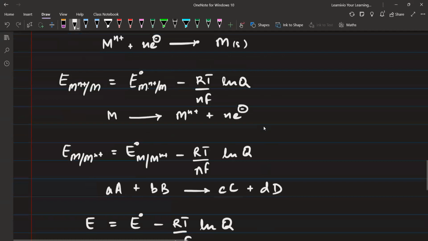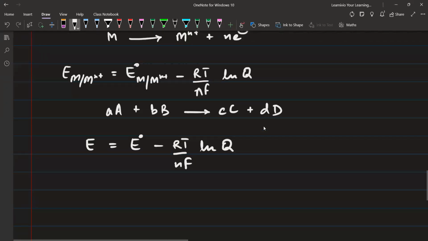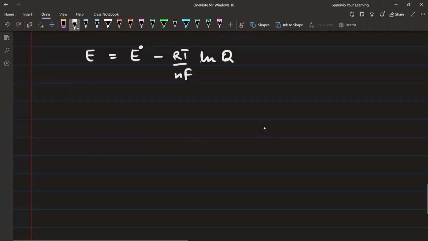If it is an oxidation half cell, we write the oxidation E naught, for reduction the reduction E naught. If it is a complete cell, then we write the complete cell reaction. Is this clear? Yes, please tell me. Up to here you understood that we can write it for an oxidation half cell, for a reduction half cell, and most probably you will have to write it for the complete cell reaction, right?